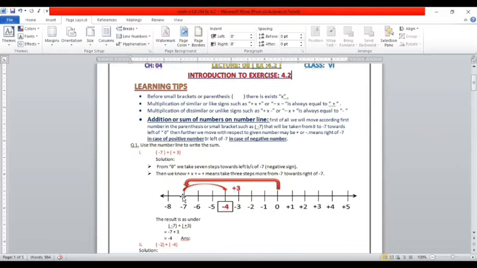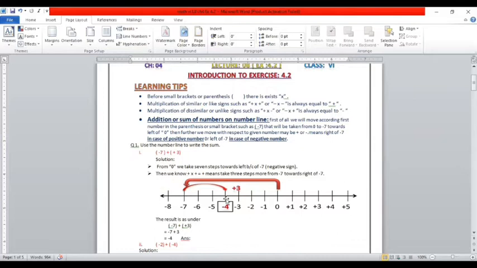Now from minus 7, I have to add plus into plus, means plus 3. I have to add the plus 3 in minus 7. So I will take 3 steps from minus 7 towards the right side because of the plus sign.